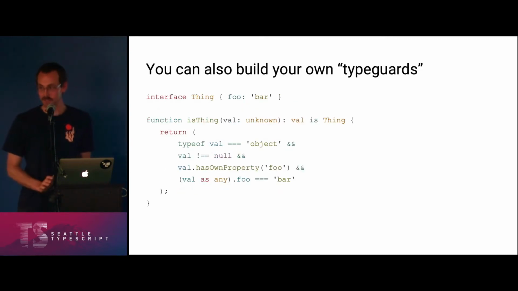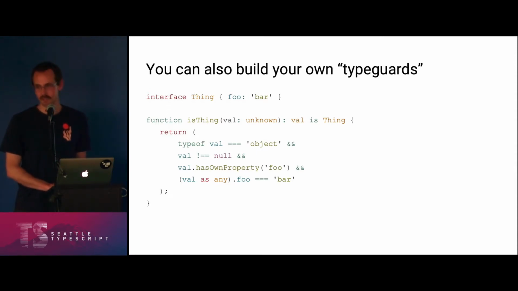You can also build your own type guards. You can do this type narrowing yourself. So let's say you had an interface Thing that had a property foo with a value bar, you can create a function that takes an unknown, and its return type is val is Thing. This is a special TypeScript keyword for creating your own typeguard functions.